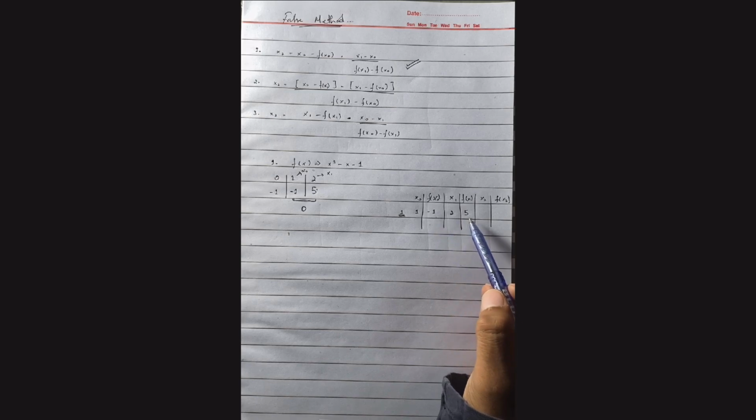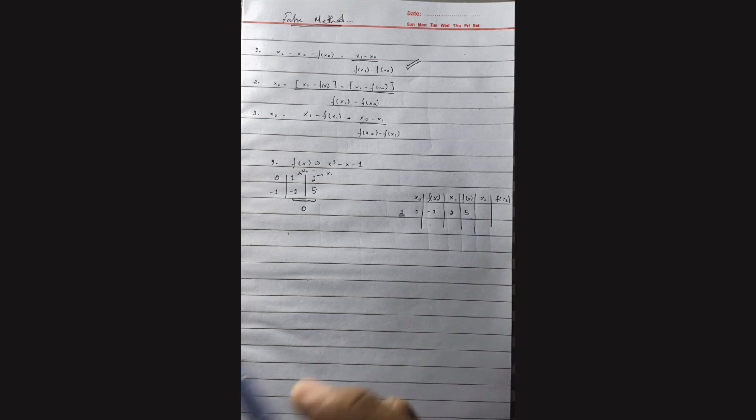When we find x2 and its output, if it has a negative sign, we replace x naught with x2, and if it has a positive sign, we replace x1 with x2.